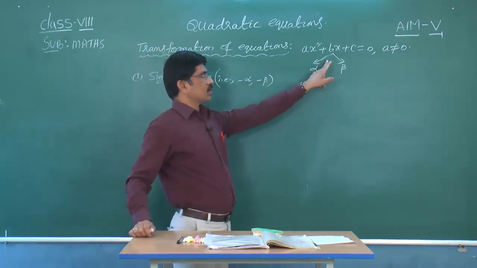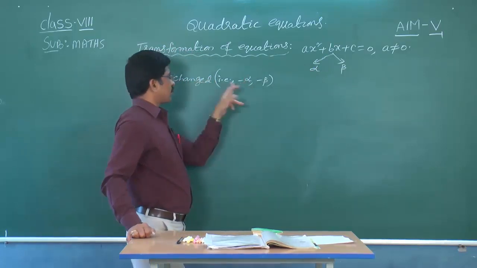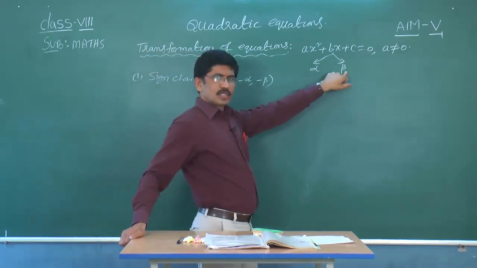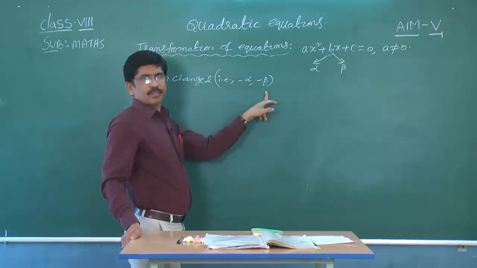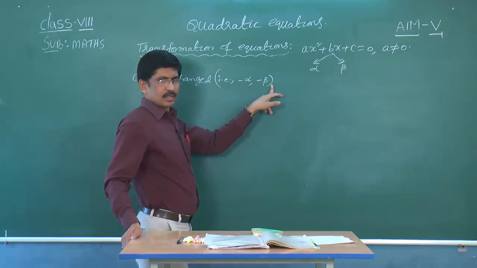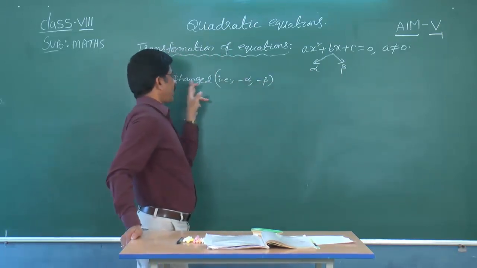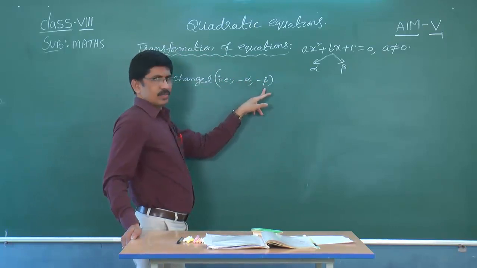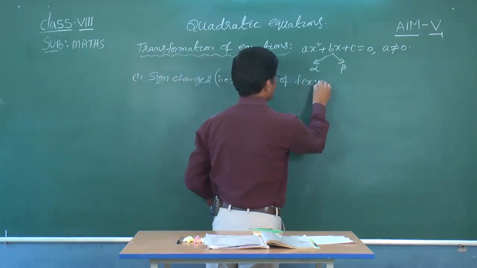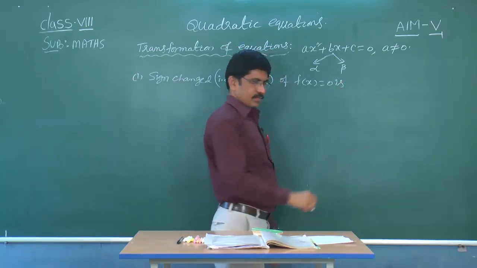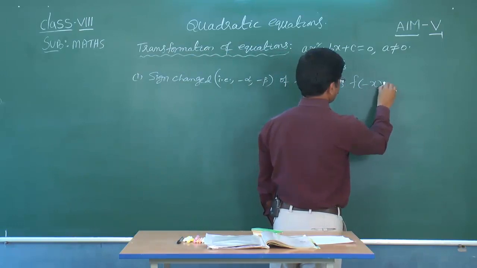Suppose the first root is alpha, its sign is changed to minus alpha. Suppose the second root is beta, its sign is changed to minus beta. We change the signs as minus alpha, minus beta, so the roots of f of x is equal to 0 become roots of f of minus x is equal to 0.